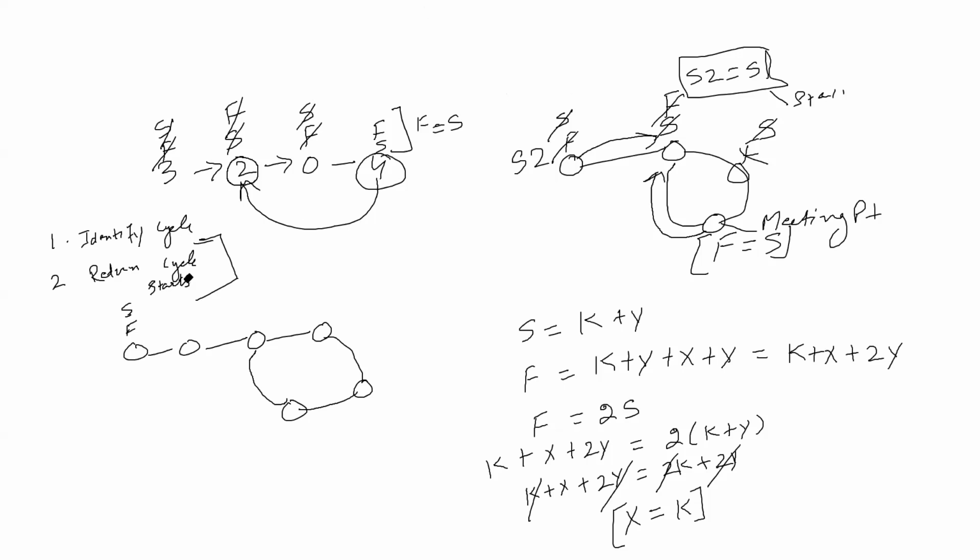Like if f equal to 4 times s, then this won't be x equal to k any longer, right? So it will be some multiple of something, like x equal to 2k, 3k. I'm just guessing, we have to derive that. But the same analogy may not work.